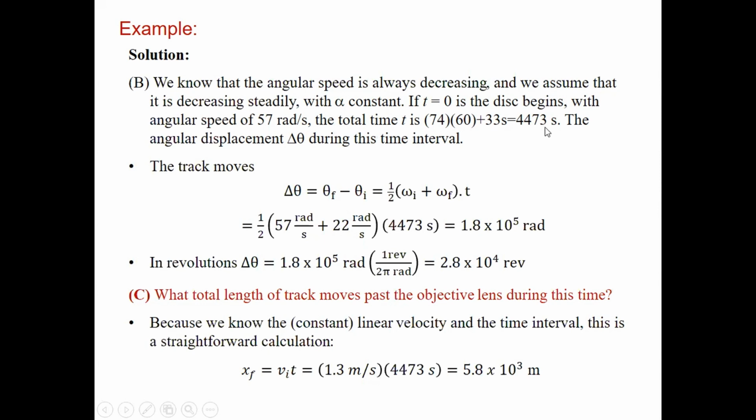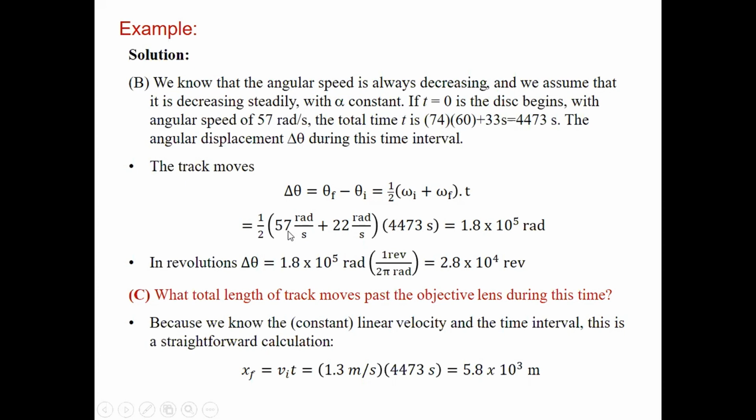and the answer comes to be 4,473 seconds. The angular displacement, d theta, during this time interval is theta final minus theta initial, and this is given by omega initial plus omega final divided by 2 multiplied by the time.